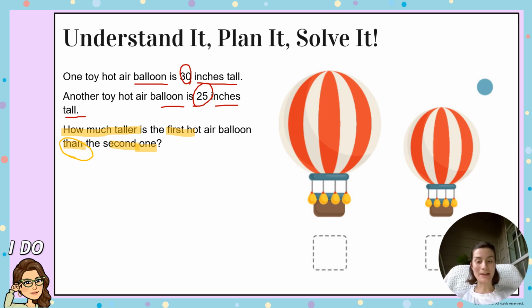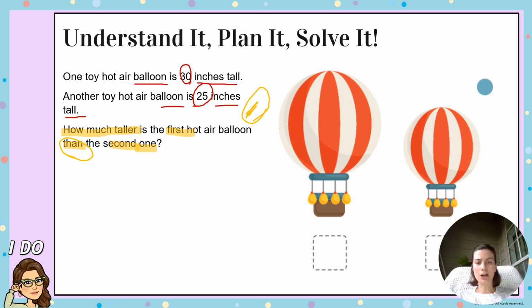That's important. When you see the word than, and they're asking you how much taller is this one than this one, they're asking you to find the difference between the two. And in order to find the difference between 2 amounts, we have to subtract. So I'm going to draw my subtraction symbol here, just so I remember that I'm subtracting one amount from the other to find the difference between the two.